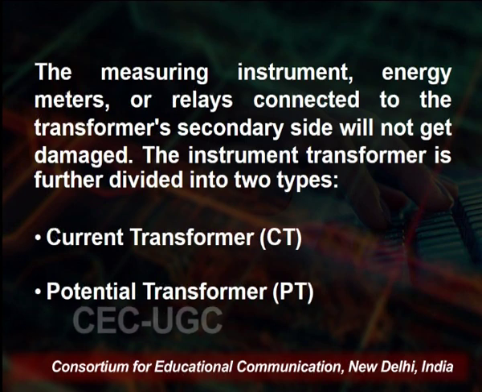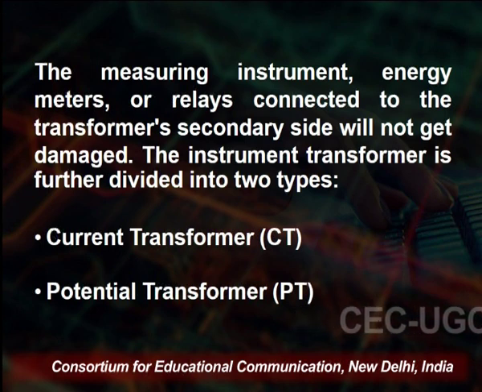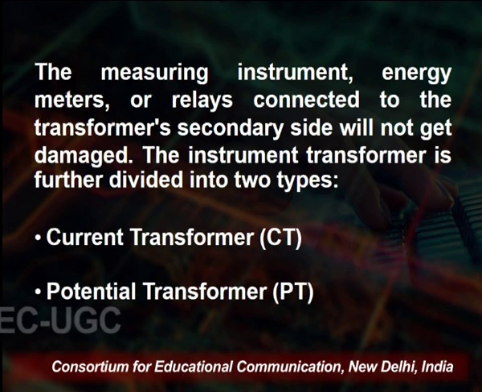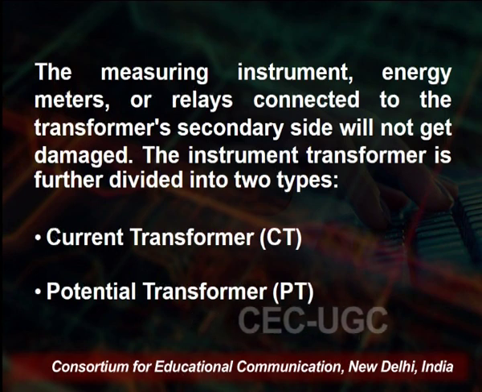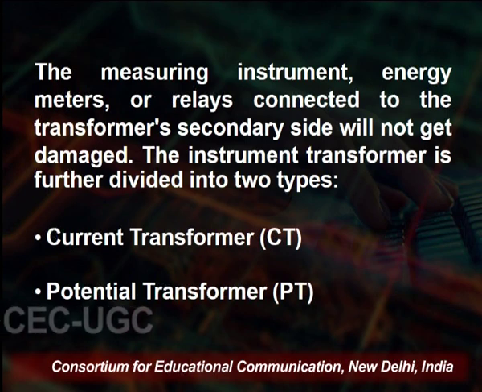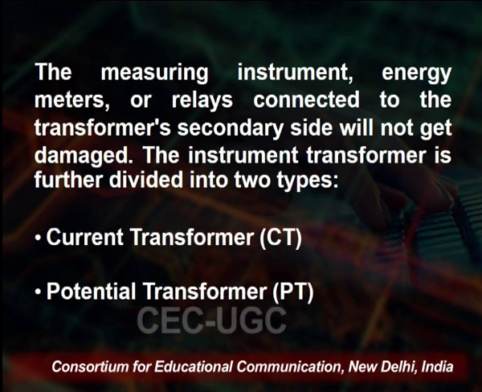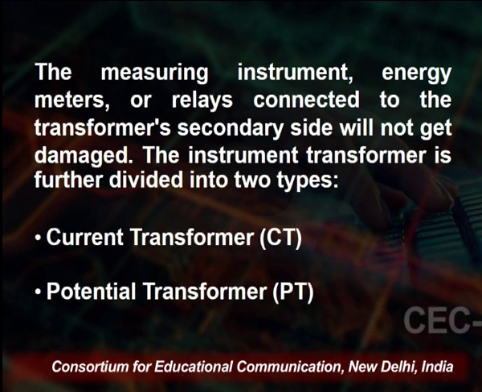So, the measuring instruments, energy meters, and relays connected to the transformer secondary side will not get damaged. Instrument transformers are divided into two categories. First is the current transformer, that is the CT, and another is the potential transformer, that is the PT.